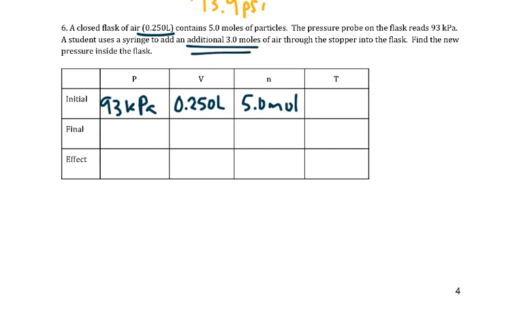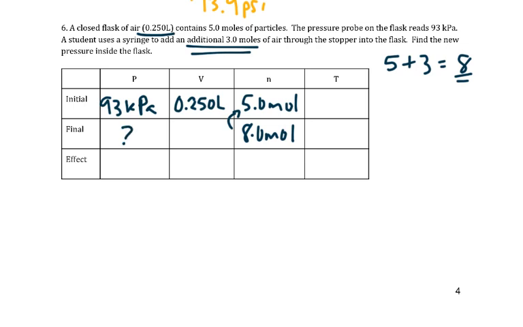Again, pay attention to your wording. It doesn't mean we have 3 moles. It says we're adding 3. So now we should have 8.0. Keep the sig figs to match that 5. Find the new pressure inside the flask. So put a question mark there.